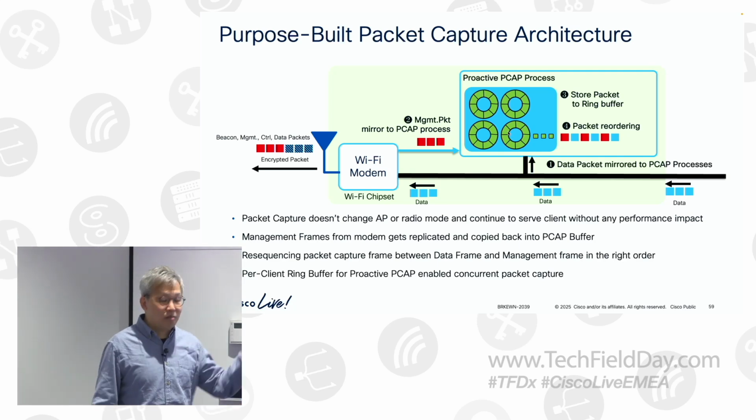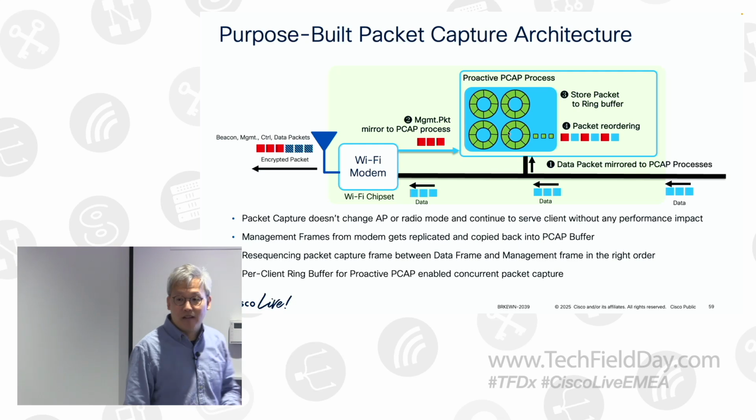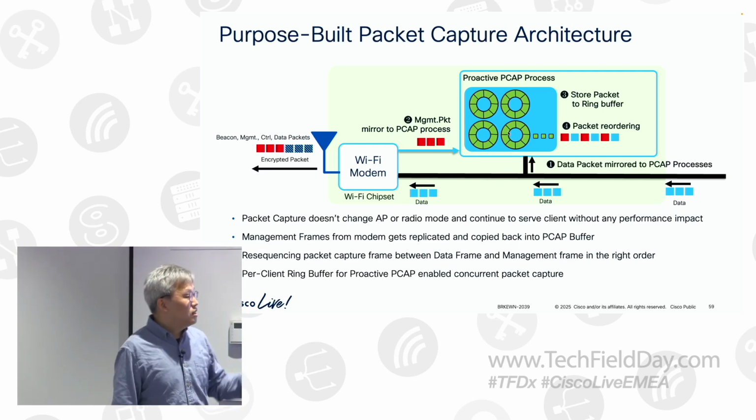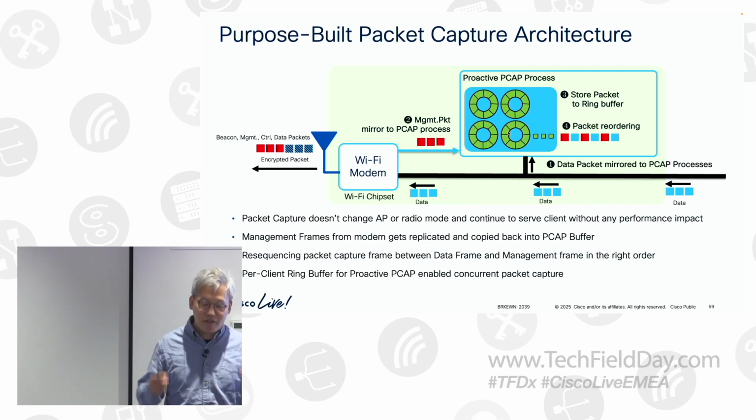To be honest, in the couple of pages where I listed out the challenges, it was only partial. It took me 10 minutes to list down all the problems, because there are so many limitations in today's packet capture systems. So what we have done this time is design the entire packet capture from the ground up at the AP and hardware level.